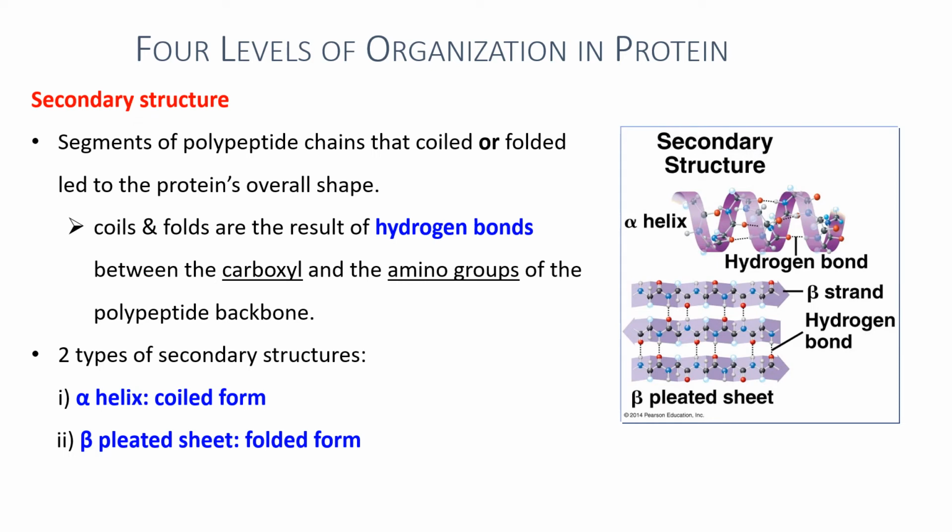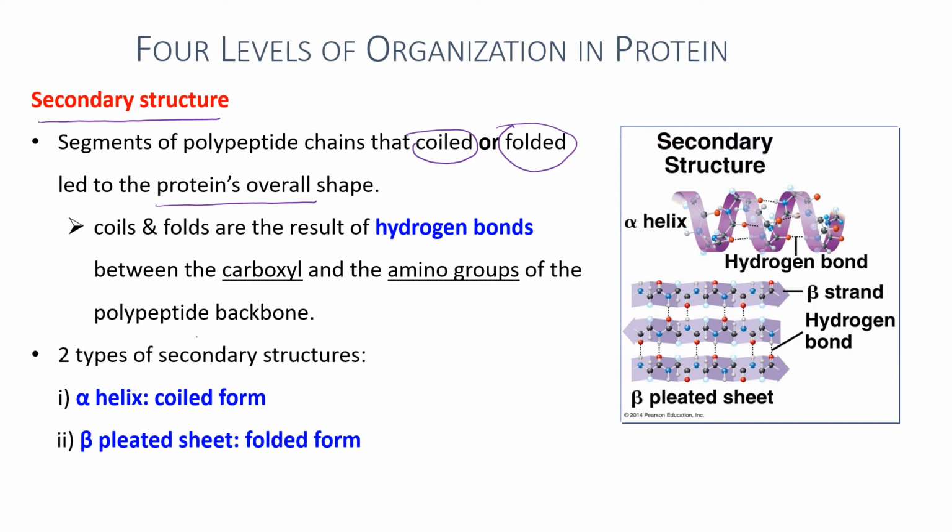So the second level is the secondary structure. For the secondary structure, segments of the polypeptide chain are coiled or folded, which leads to the protein's overall shape.